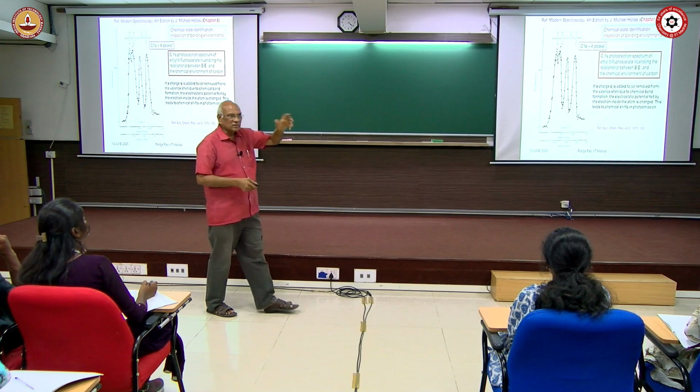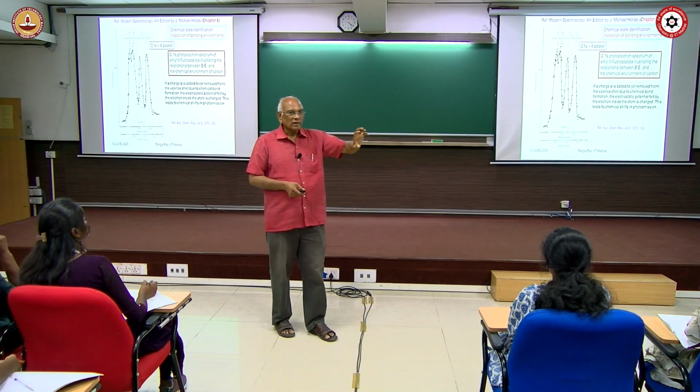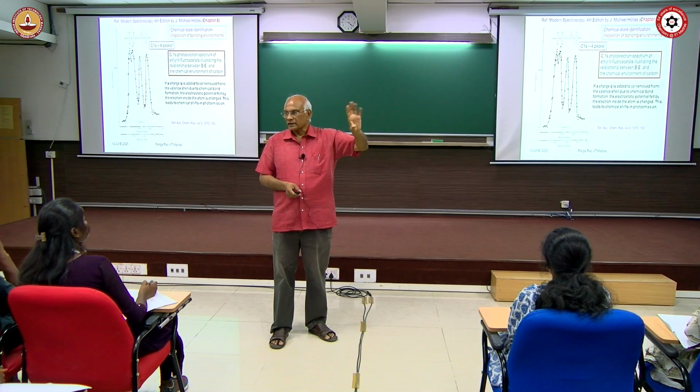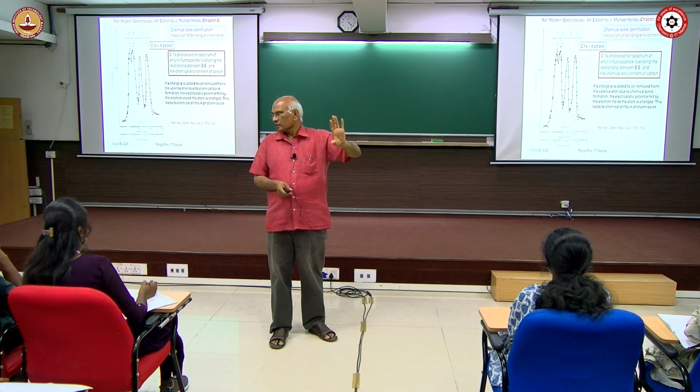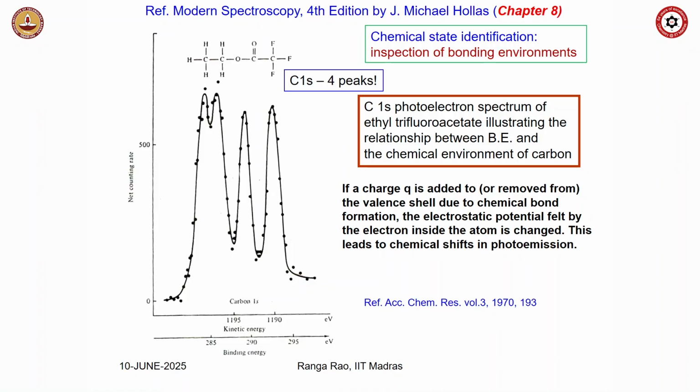So the electron density around that carbon is changing. Delta plus is different. Delta plus is not same in all carbons, right? The moment you change the electron density, that will affect the binding energy of the 1s electron. As a result, you see 4 different peaks.